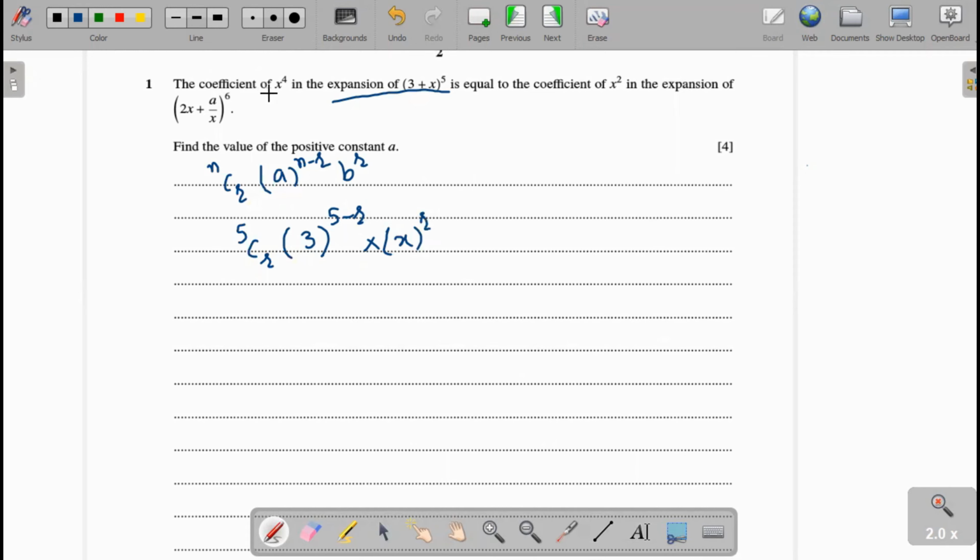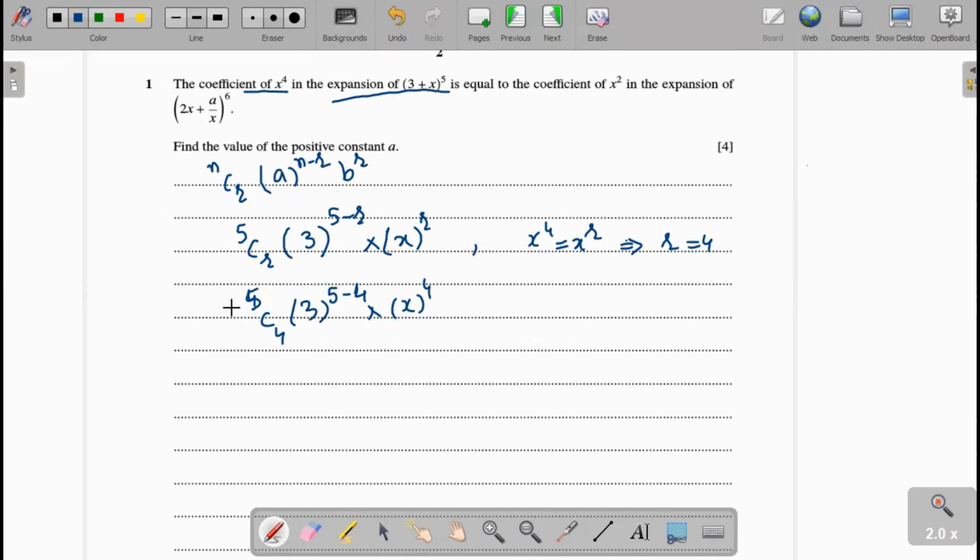We have to find the coefficient of x^4, therefore x^4 equals x^r, which means r will be equal to 4. Now put the value 4 here: 5C4 times 3^(5-4) times x^4.